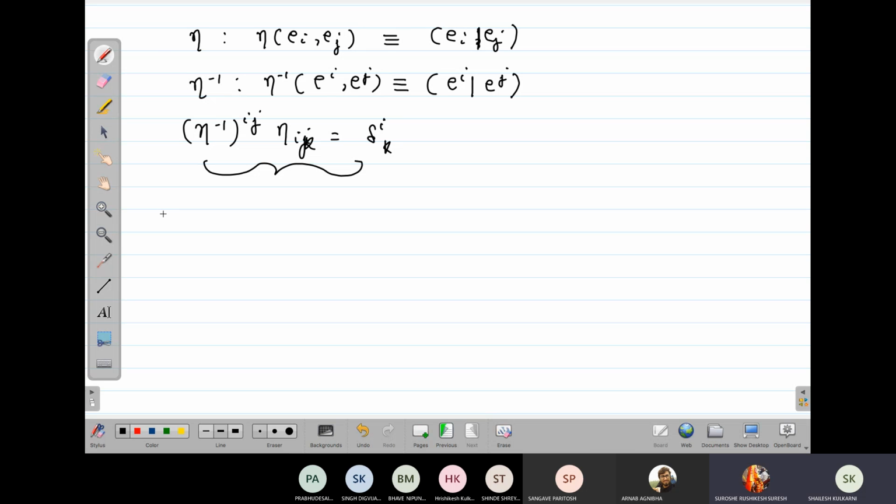What do you mean by action of eta on eta inverse? Eta is allowed to act on two vectors, right? And eta inverse is allowed to act on two dual vectors. So what do you mean by action of eta on eta inverse? Do you want to think in terms of tensor or components? That you first fix and then answer.